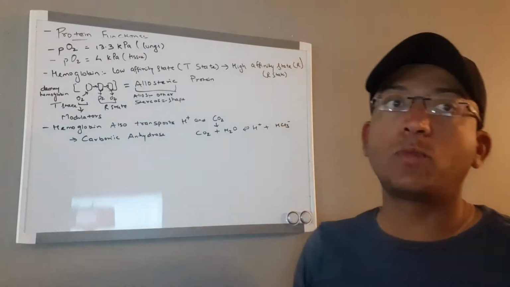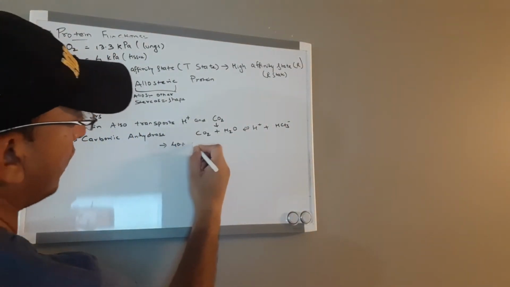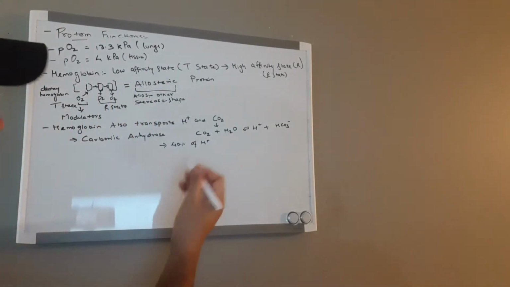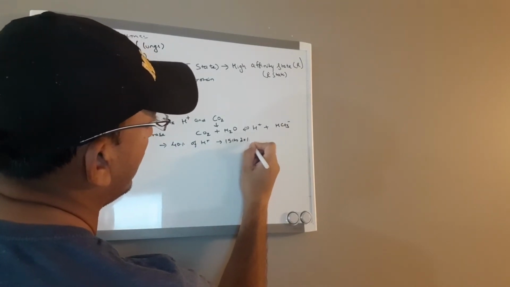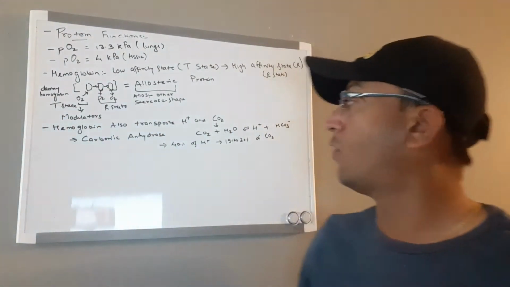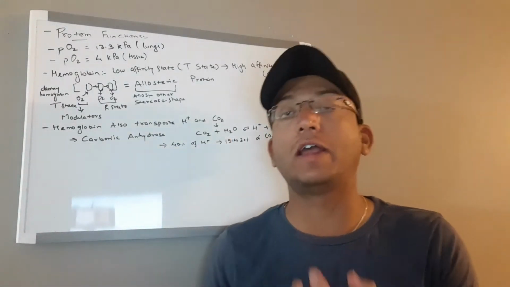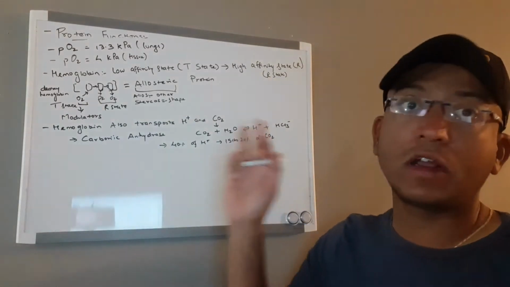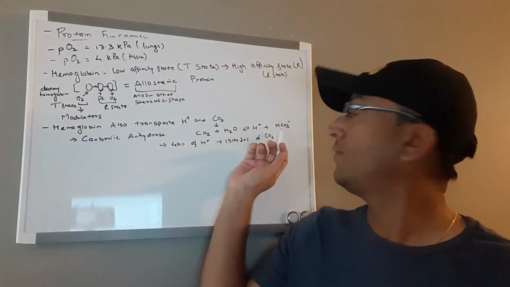Hemoglobin transports about 40% of the protons and 15 to 20% of the carbon dioxide formed in the tissues. The remainder of the H plus is absorbed by the plasma bicarbonate buffer, and the remainder of the carbon dioxide is transported dissolved as bicarbonate.